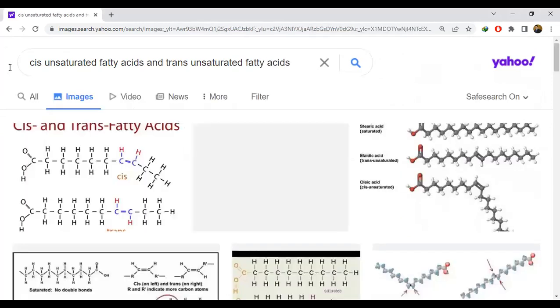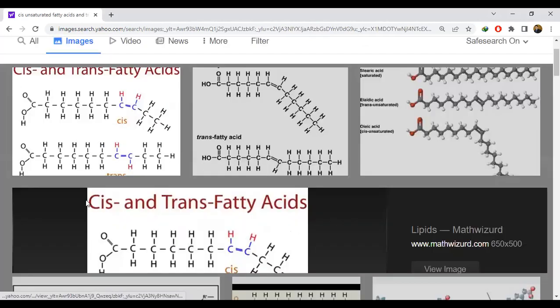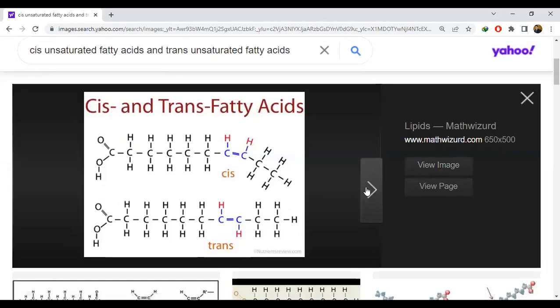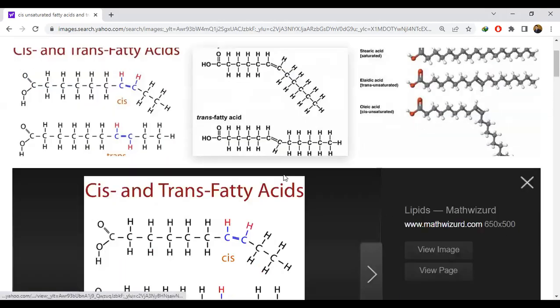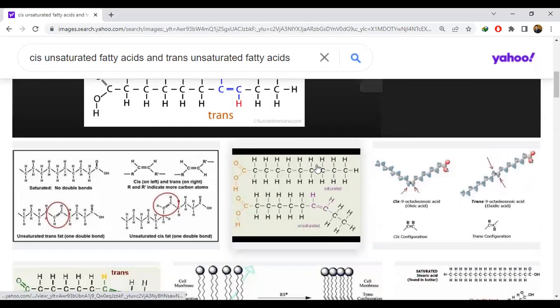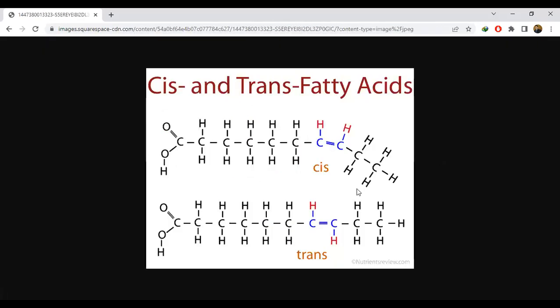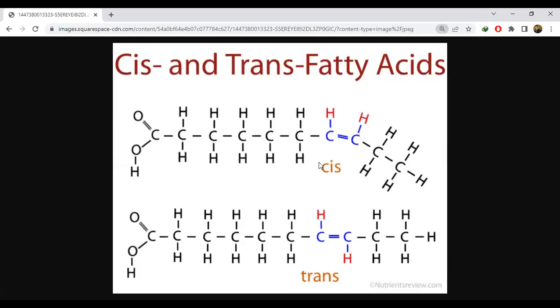What are the two types of unsaturated fatty acids? Easy words. One we call cis, the other one we call trans.